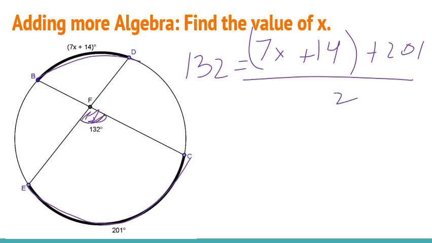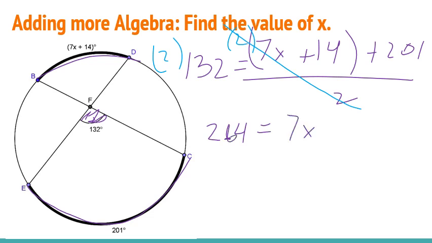All right, let's approach it the same way. Let's multiply by 2 on both sides. 2 divided by 2 is 1. So now we have 264 on our right side. And then we have 7x. Let's combine like terms here with the 14 and the 201. 7x plus 215.